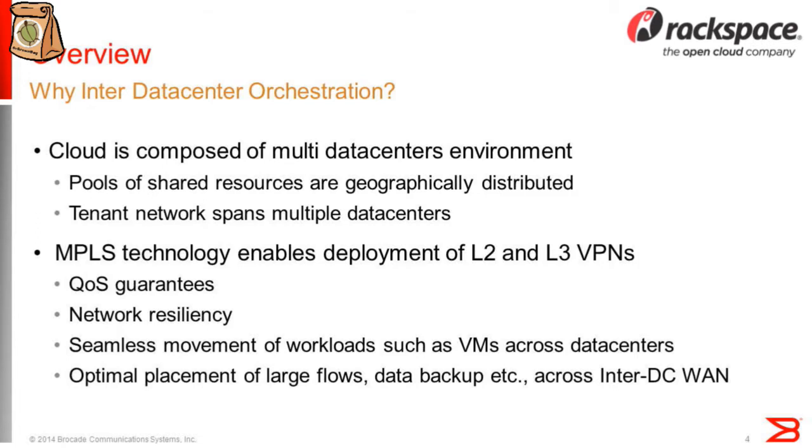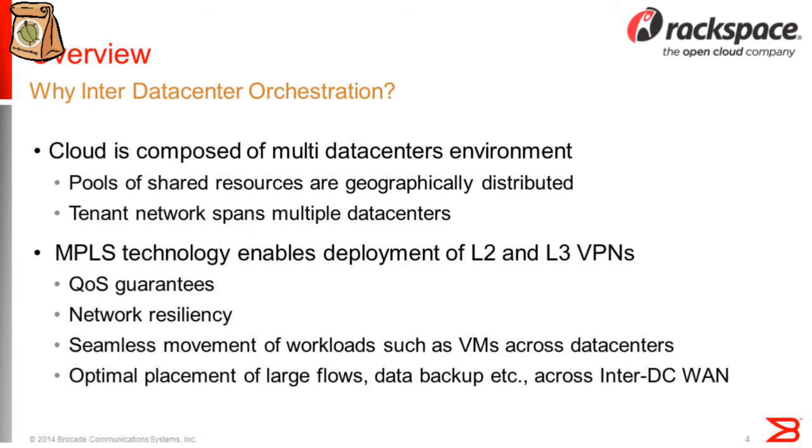They are not contained within one data center, and hence this is entirely the motivation. Also, tenant network spans multiple data centers. And again, we would like tenants to be able to use the pool of shared resources that are scattered across multiple data centers that are geographically separated.